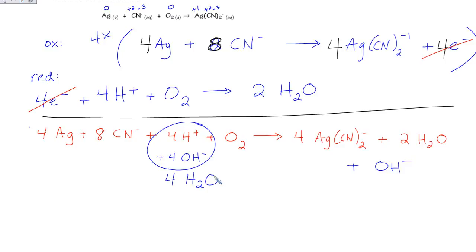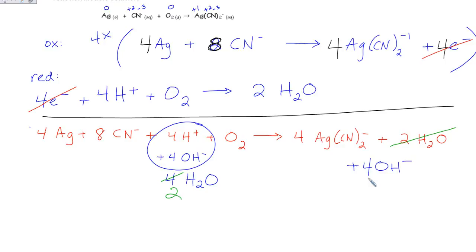So now you got to keep your eye out because you may be able to cancel some water if you have it on both sides. I do have water on both sides in this case, so we can simplify this one more time. We can knock this down to 2, and we can get rid of these water on the product side. Oh, and I forgot, I should have put this in as 4 hydroxides.